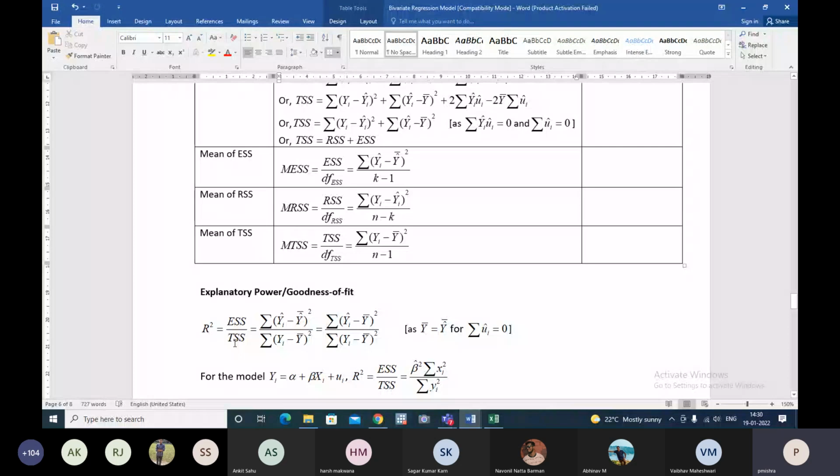So it basically represents the proportion of variation in Y, that is the dependent variable, which is explained by the estimated model. And the higher the value of R square, it is generally said the better the model, because a higher value of R square means a larger part of variation in the dependent variable is explained by the estimated model.